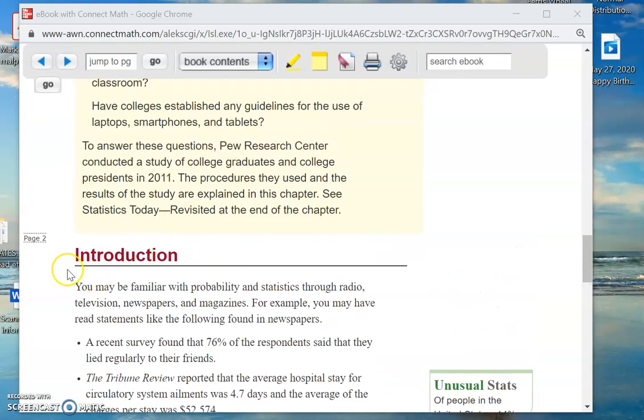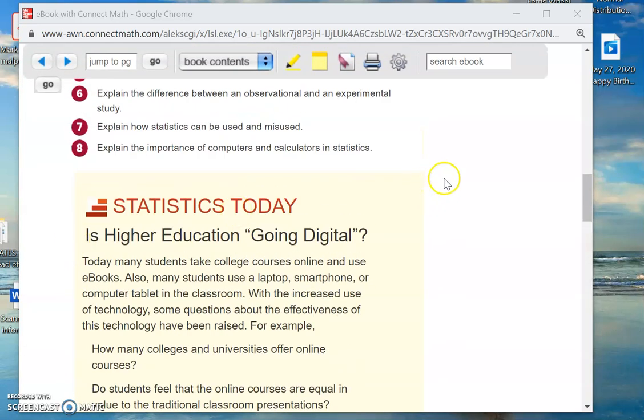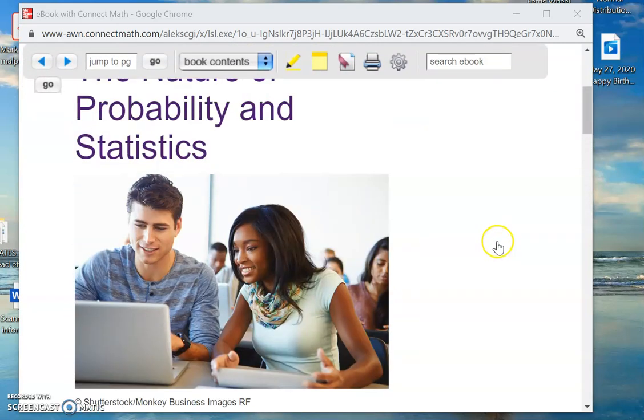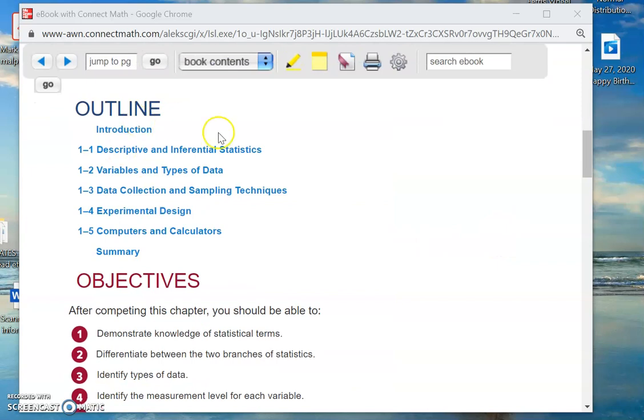At the beginning of each chapter, he'll have an outline. So here's the outline. Talks about what to expect. Read this over. It's very useful for you to get an idea of what's happening and what's going to be expected in this chapter.